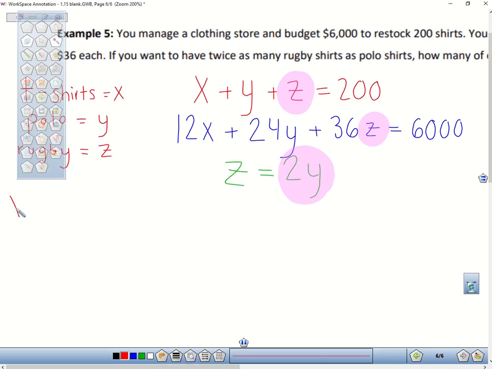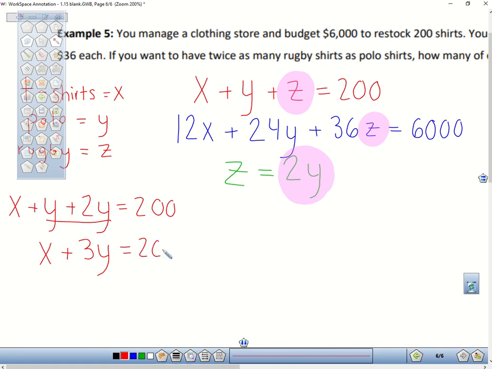So for the first equation, that's gonna be x plus 2y plus y plus 2y is equal to 200. So I just replaced my z with 2y. And then I'm gonna combine like terms here. That's gonna give me x plus 3y is equal to 200.